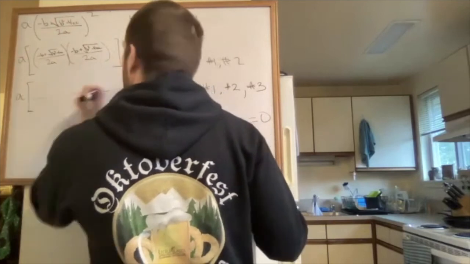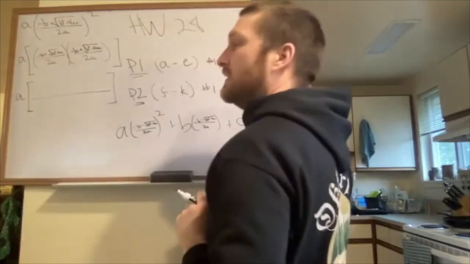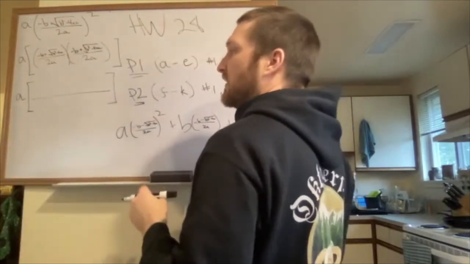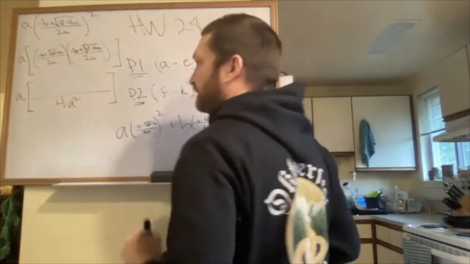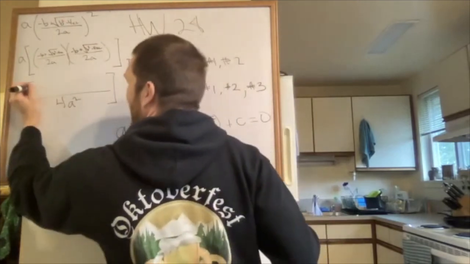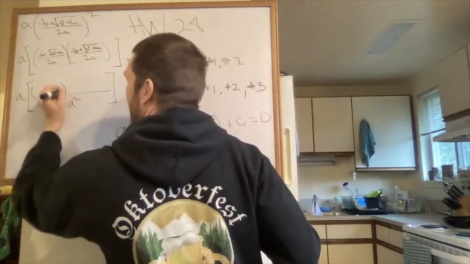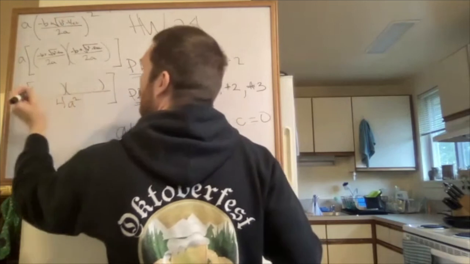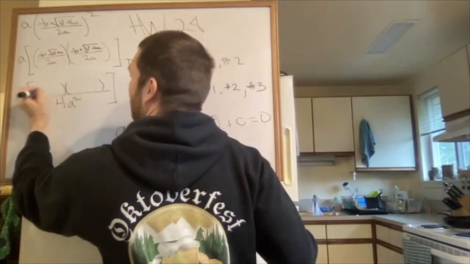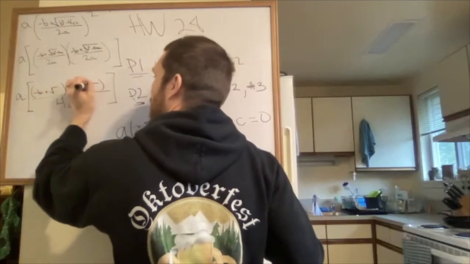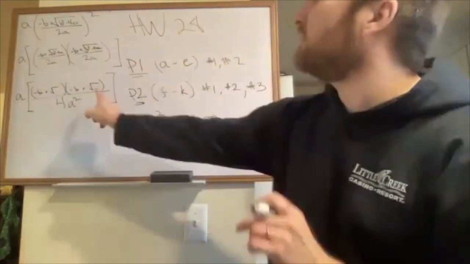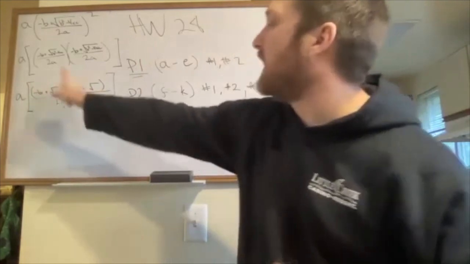The denominators can all be multiplied together. So that would be a 2 times a 2 is a 4, and an a times an a is an a squared. And then in the top, and this is where I'm going to end for today, because you should know how to do this, you're going to have this type of thing, plus a square root, b plus a square root. And you are going to have to FOIL this out.